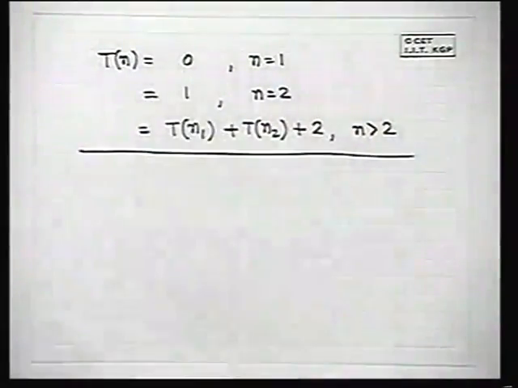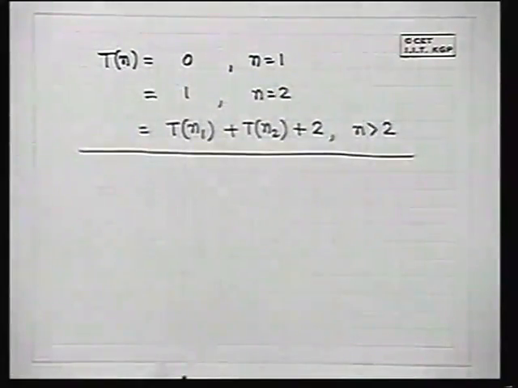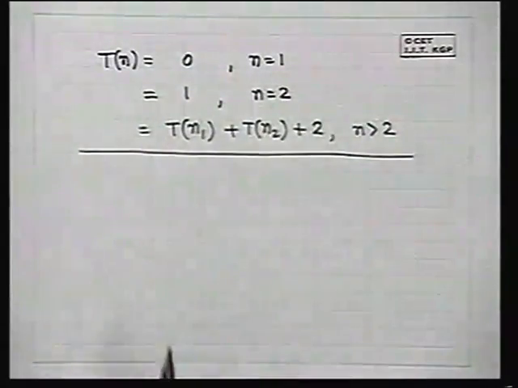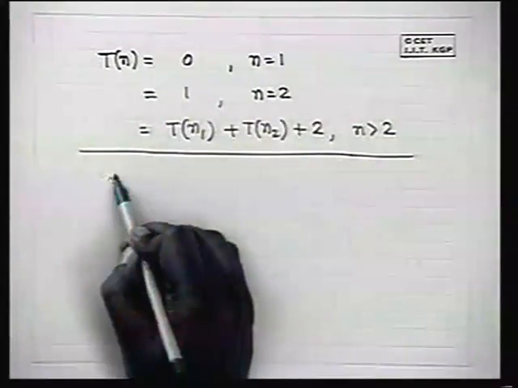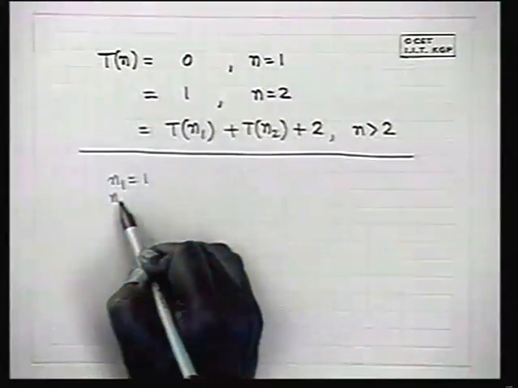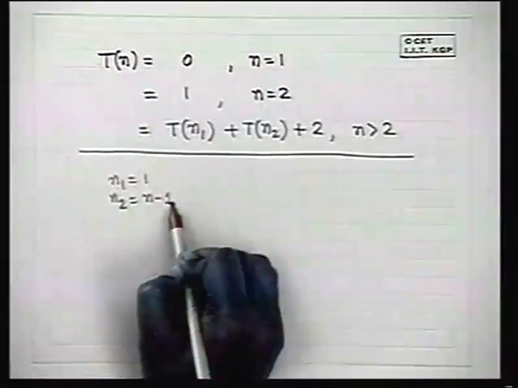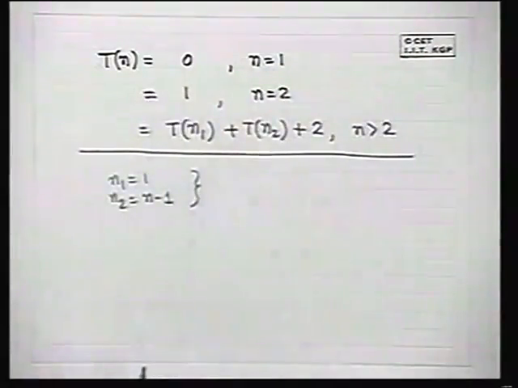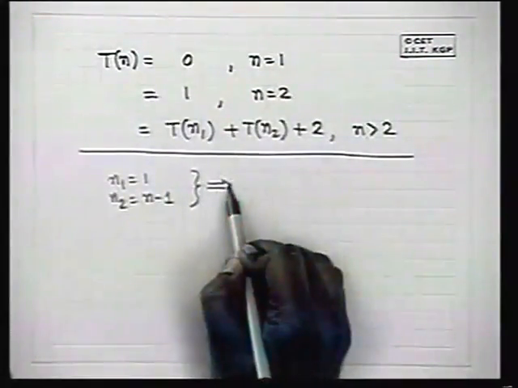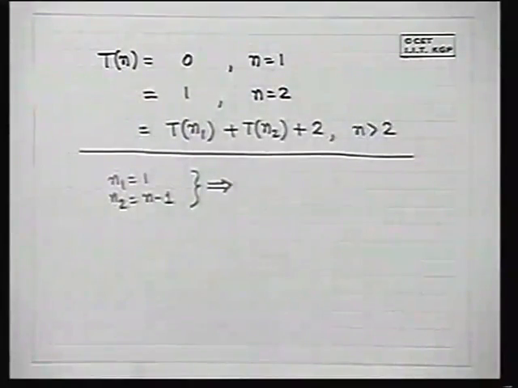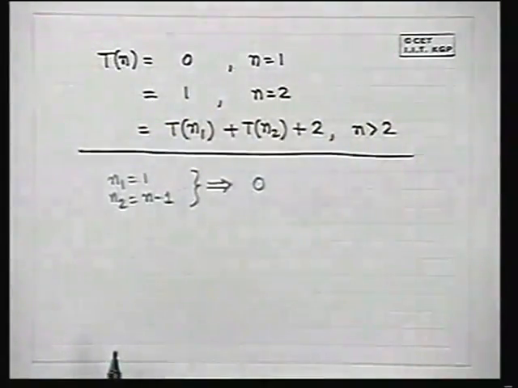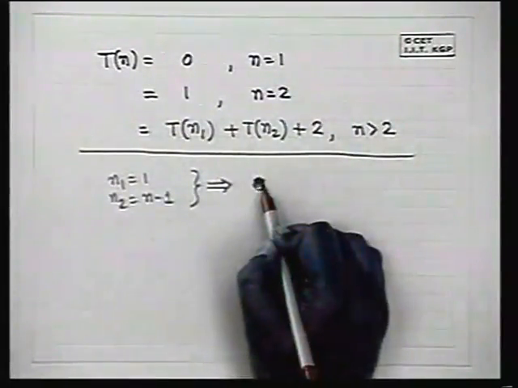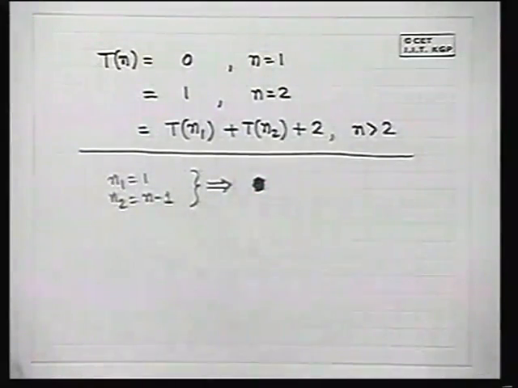Now where will you split this up? If you choose n1 equal to 1 and n2 equal to n minus 1, then can you guess what this will lead to? Work it out.